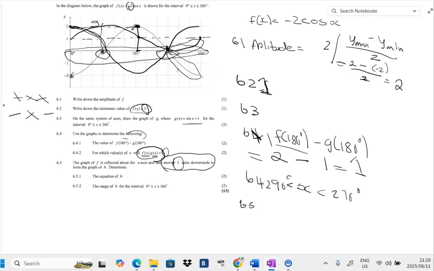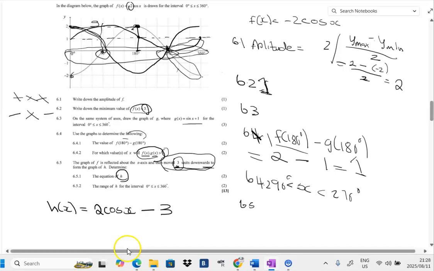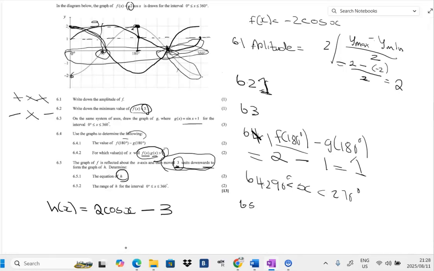They now want us to write the function h. h of x is the reflection of the function f of x, so we're going to have 2 cos x, but it also has to move 3 units downwards. This is the new equation for the function h of x.